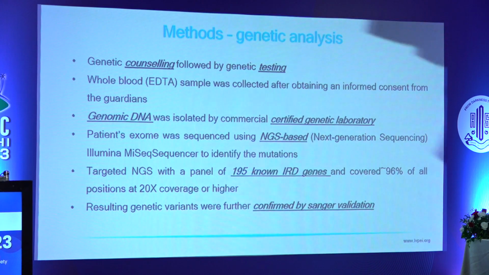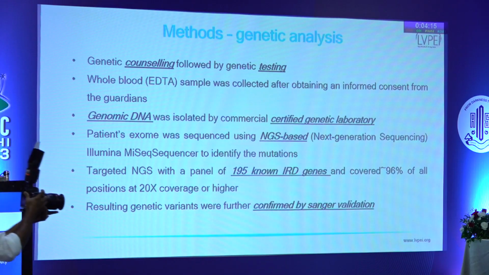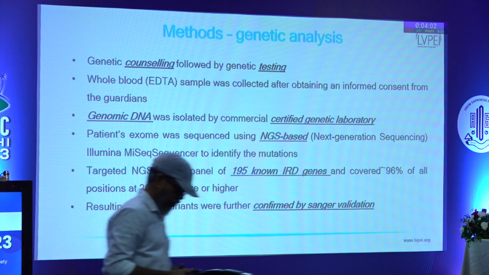A blood sample was collected and genomic DNA was isolated at a commercial certified genetic laboratory. The patient's exome was sequenced using NGS technology. We did a panel of tests for 195 or more IRD genes. The genetic variants found in the result were confirmed by Sanger validation.